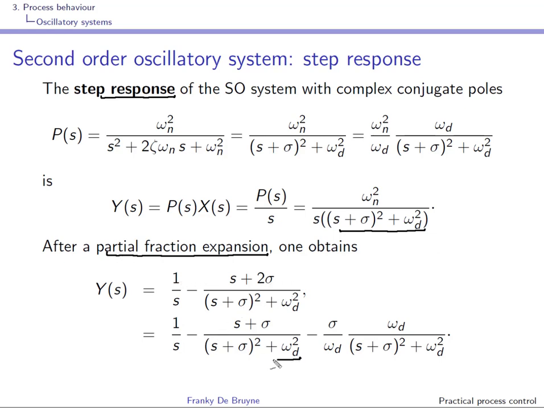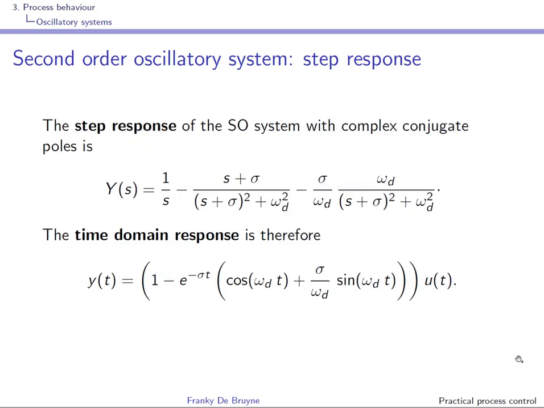What you can see here in this term is the Laplace transform of a cosine that has been frequency shifted, right? And this is the Laplace transform of a sine that has been frequency shifted. So here is the time domain response, and as we had anticipated, you can clearly see here the cosine at the damped frequency that is damped by this exponential of minus sigma t, right?